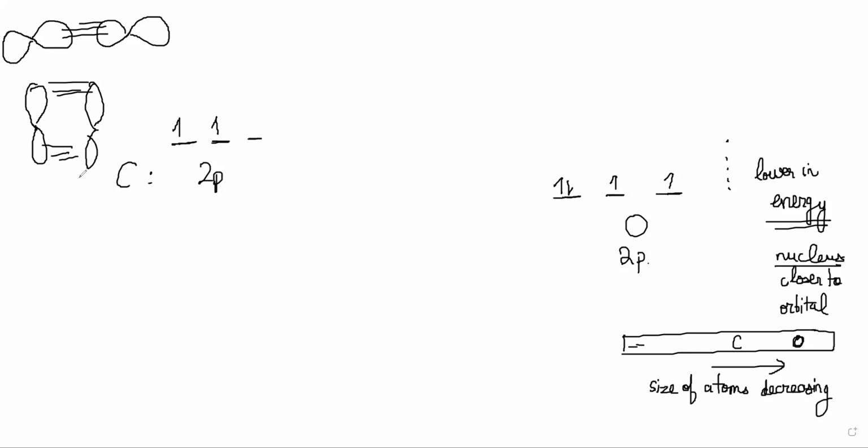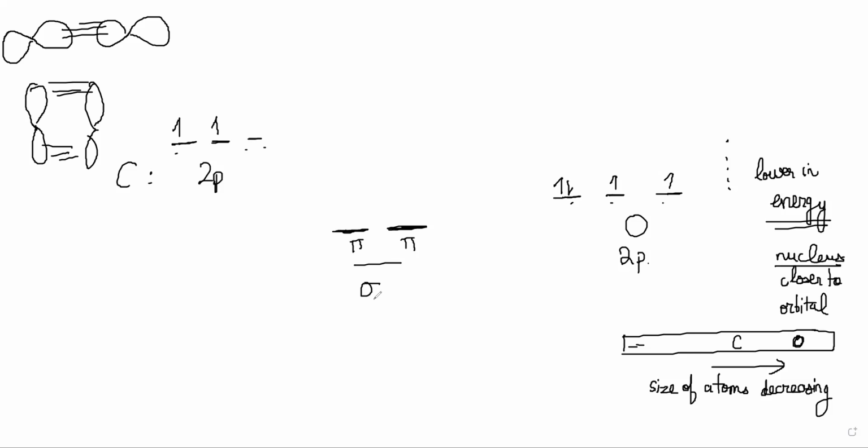So if 6 atomic orbitals combine, there will be 6 molecular orbitals. The way we'll draw it is we'll draw a sigma, which is an end-on or head-on bonding molecular orbital. And then we will draw two side-on ones. These are the pi bonds, okay?